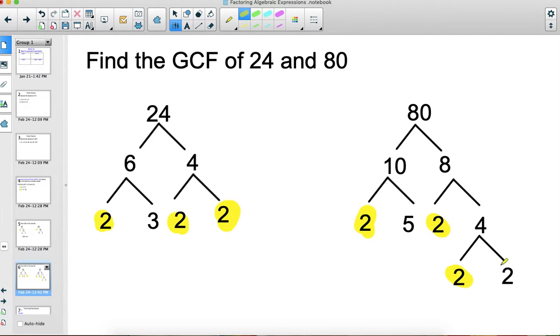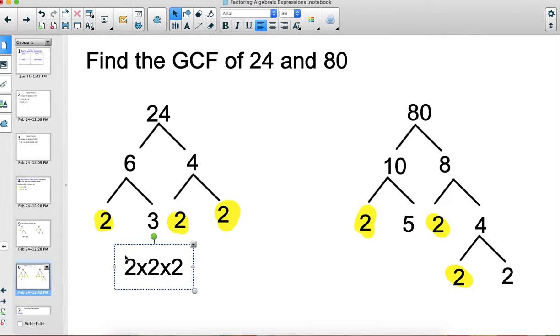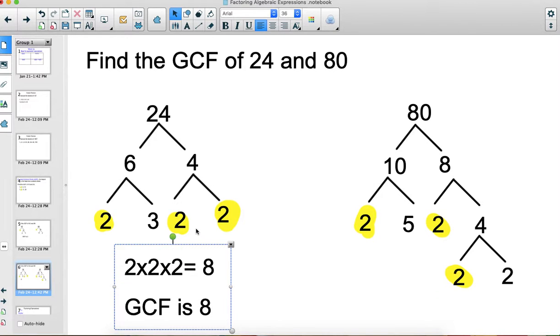So when you have more than one number, you want to multiply what they have. So in this case, you'd have 2 times 2 times 2 is going to equal 8. So the greatest common factor is 8. That's what they share.